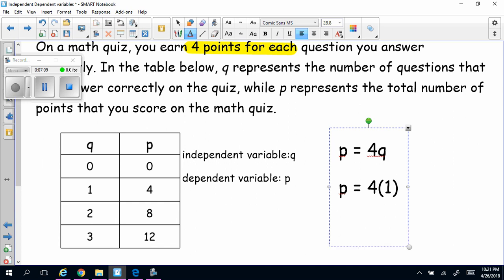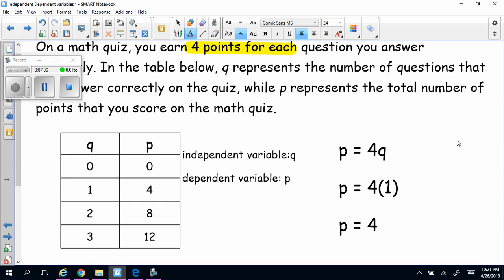That will let us know that my P would now equal 4. So see how when we plugged in Q, we got P being 4 based on this equation here. And it's the same thing if I did 2 plugging in and getting 8 as my answer, because 4 times 2 is 8.